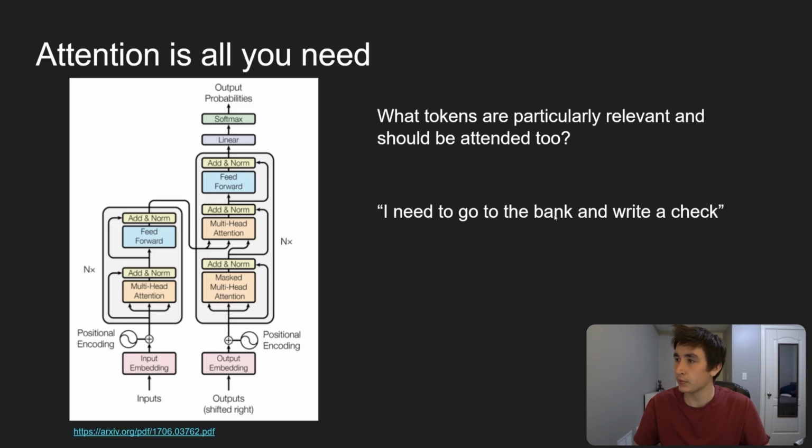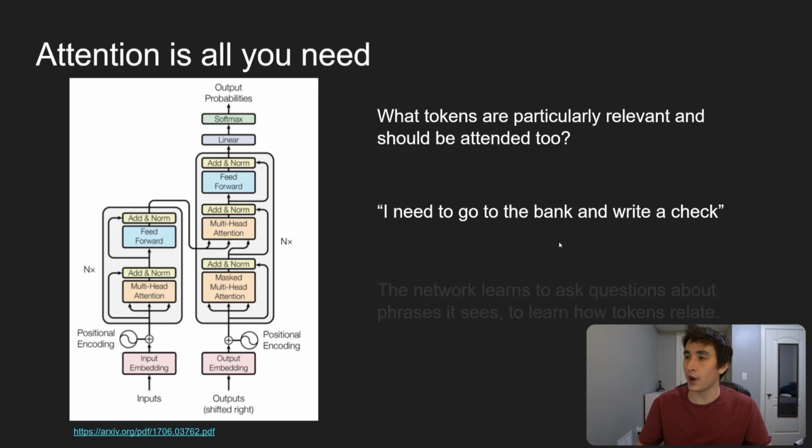But if you get to a word like check, it will probably spike off "write" and "bank" as relevant items to check. "I need to go": go might set off, if you're looking ahead, "bank" as an important indicator to go, etc. So based on what word we're looking at, our network learns to attend to other words and figure out what's most important given a certain token that we're looking at.